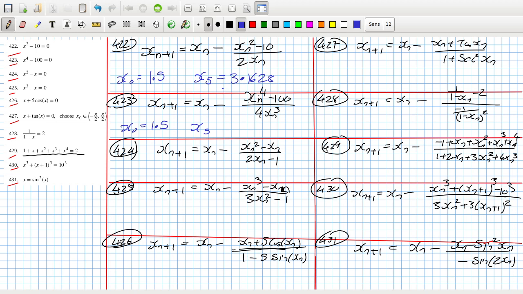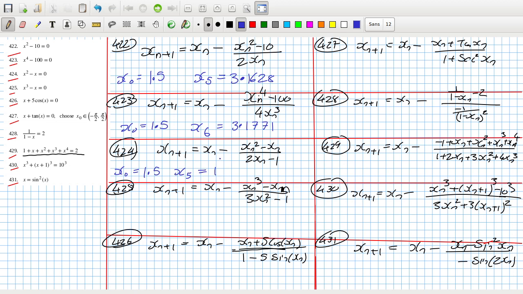Maybe we should do another one. Go with 6: 1.7071. Okay, here x0 equals 1.5. Let's try and get 5 again this time. 1, 2, 3, 4, 5.